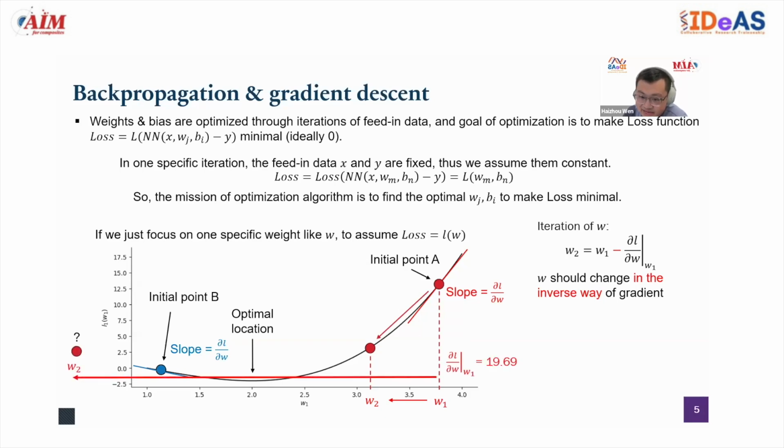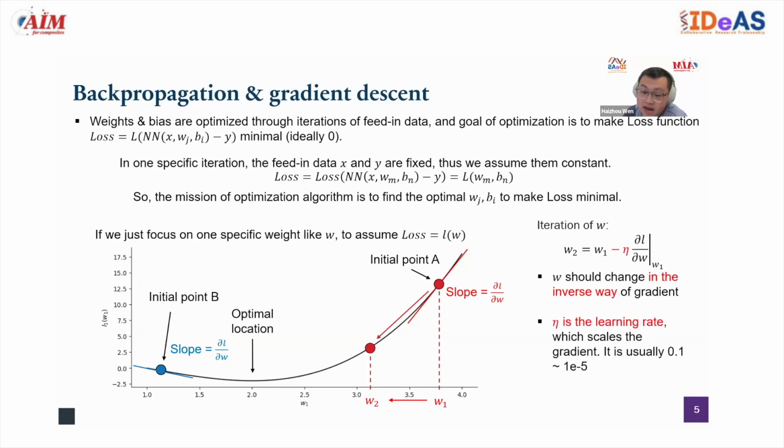But there may be a problem if we directly use the value of the gradient as our actual marching step. Just like in this simple example, say the derivative is around 20 at the point A. If we just take a step to the left at the size of 20, we will go outside of the function map. That means the direction is right, but the step size is too large.